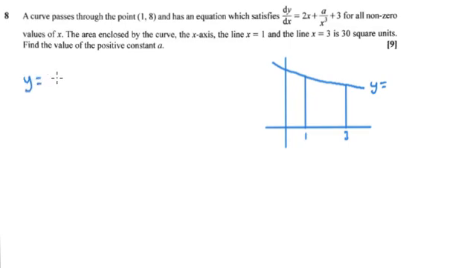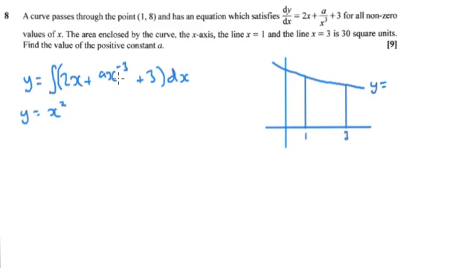So y is going to be the integral of 2x plus ax to the minus 3 plus 3. So that's going to be, add 1 to the power, divide by the new power. That's going to be 2x squared over 2.